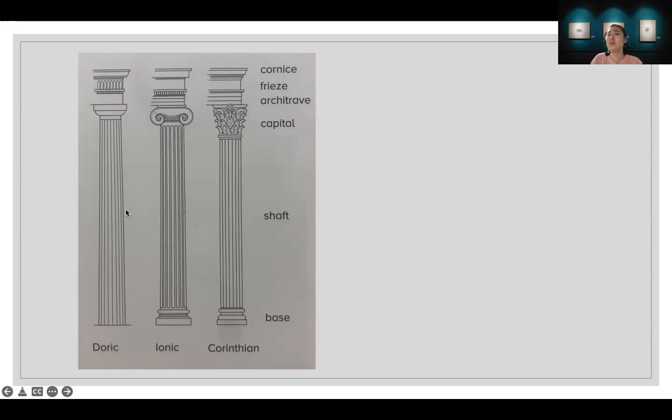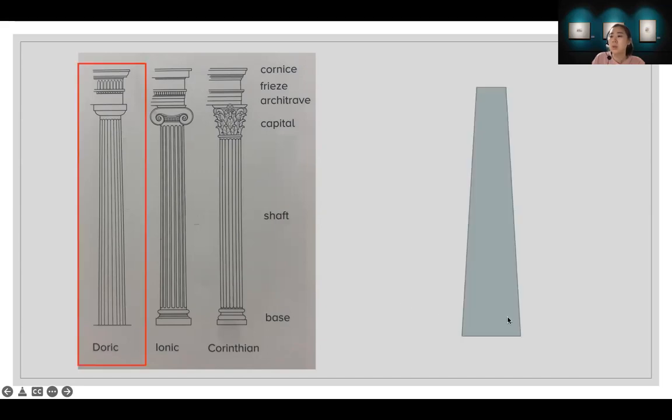Now, let's focus on the column's shape. Is it straight? No, it's not. The thickness from the bottom to the top is not the same at all. So the Doric style's columns are not straight like this.